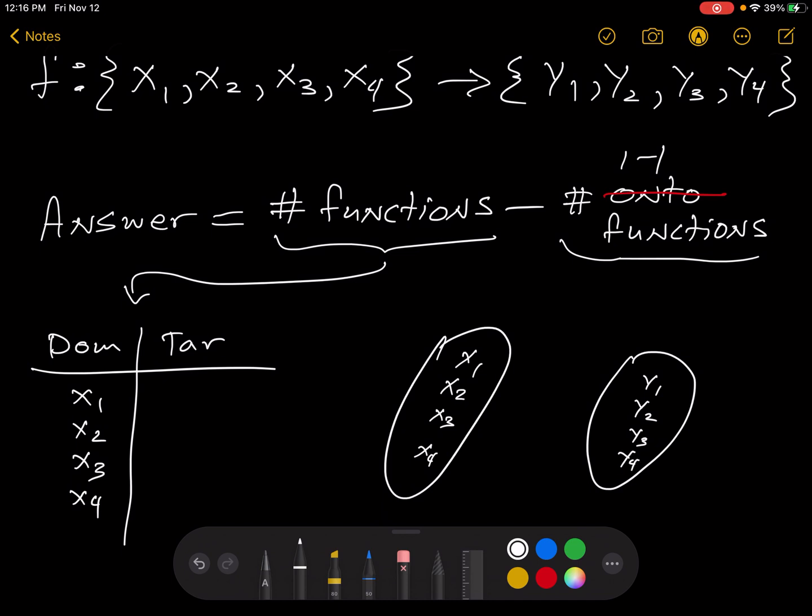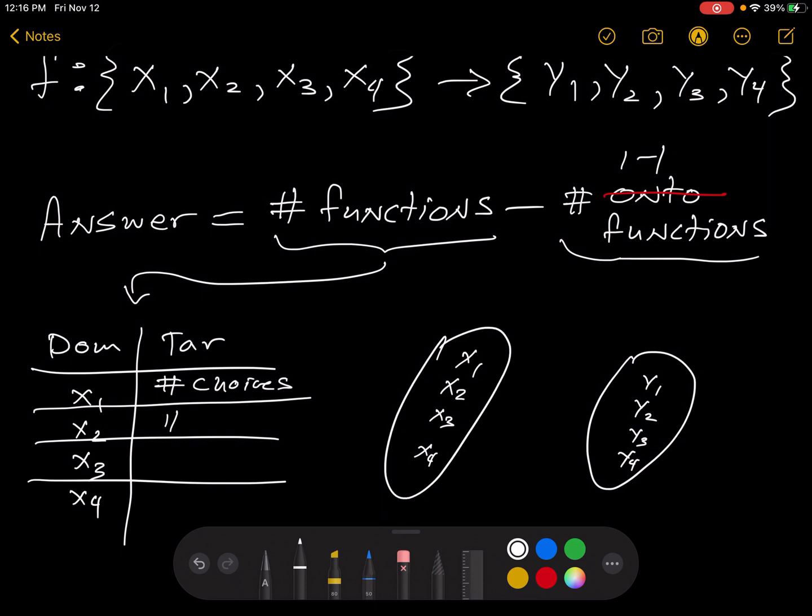So what you want to do is think about how many choices you have: number of choices for a y value here, number of choices there, and so on. Now I'll leave that to you.